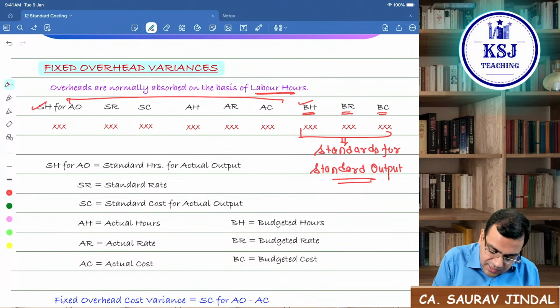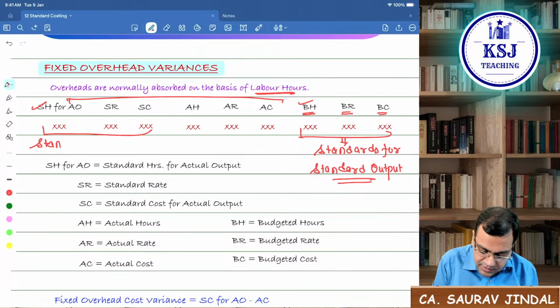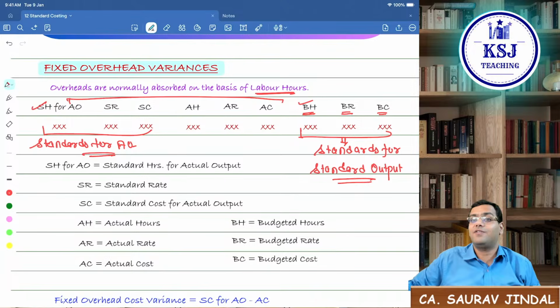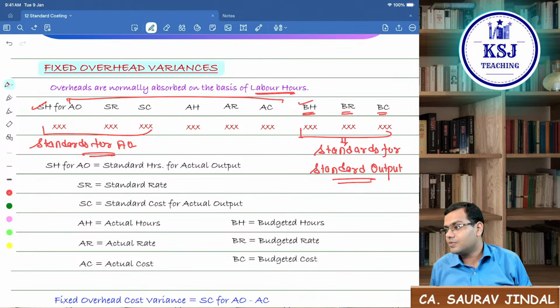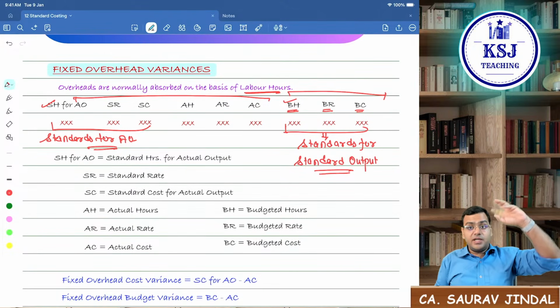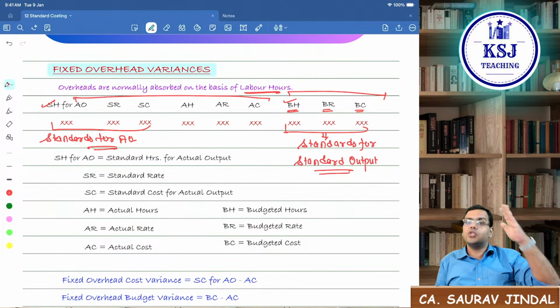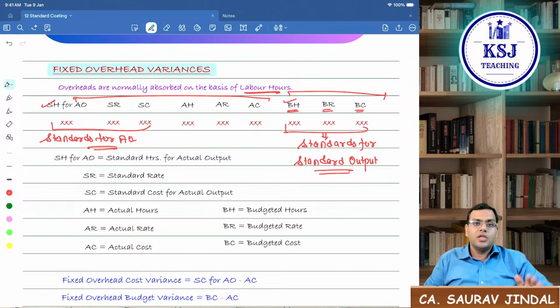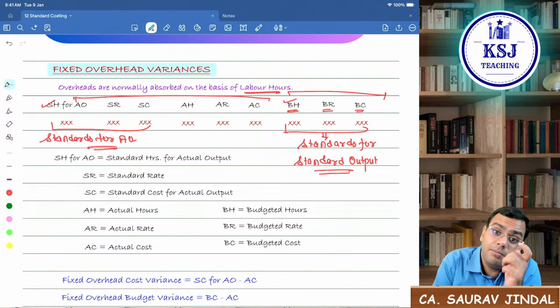Sir, what about these then? These are the standards for actual output. So this is the difference between the two, right? This is the overheads budgeted. This part represents the budgeted cost or the budgeted fixed overheads according to the originally planned output, what you originally planned for.